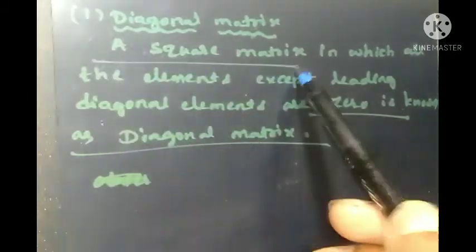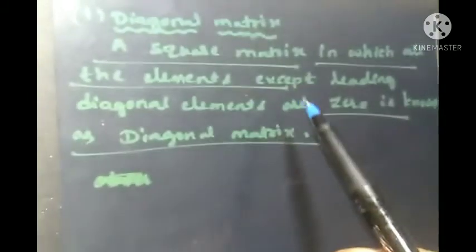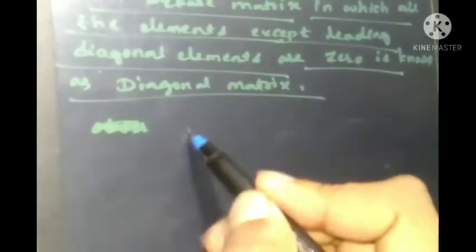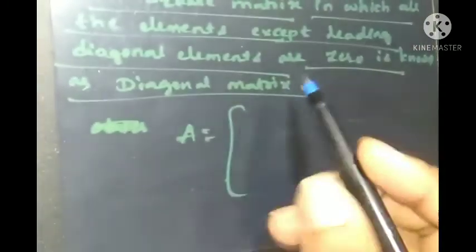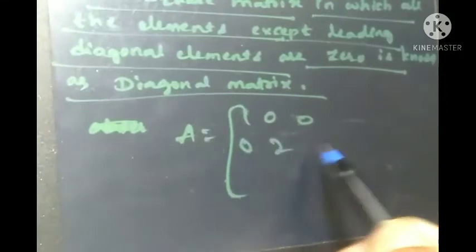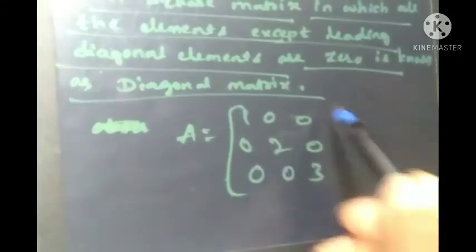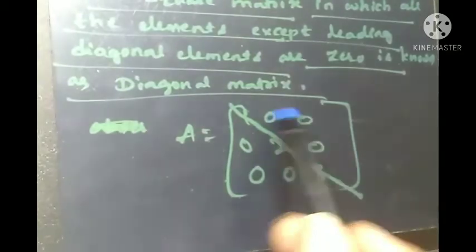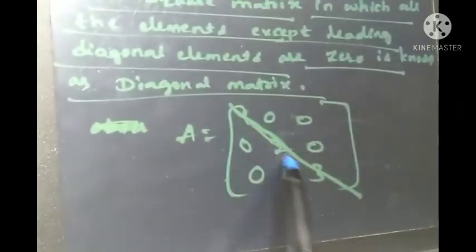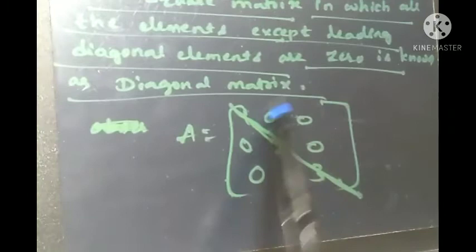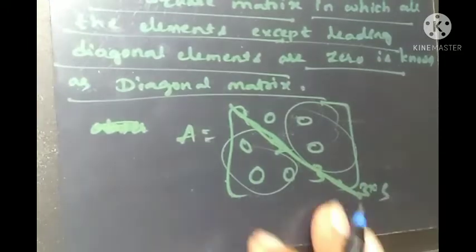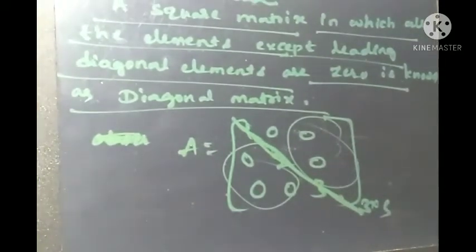Suppose we consider one matrix that is 1 0 0, 0 2 0, 0 0 3. We see all the diagonal elements, except diagonal line, all the entries are zero. This type of matrix we call a diagonal matrix.